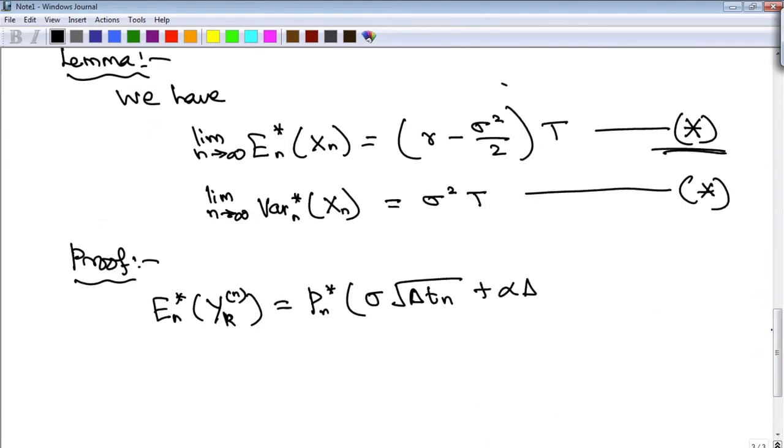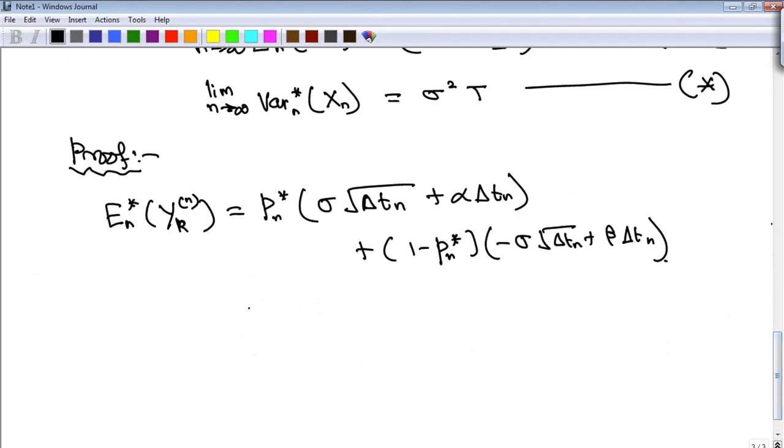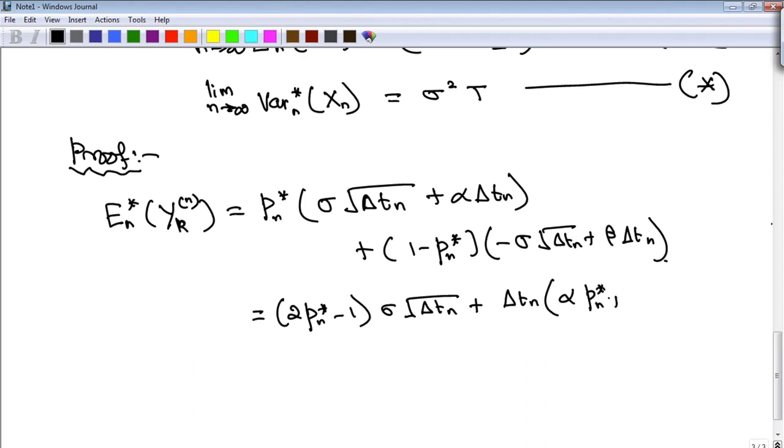Plus alpha delta Tn, plus 1 minus Pn star into minus sigma root delta Tn plus beta delta Tn. That can be rewritten as (2Pn star minus 1) sigma root delta Tn plus delta Tn times, if I take it common, alpha Pn star plus beta (1 minus Pn star).